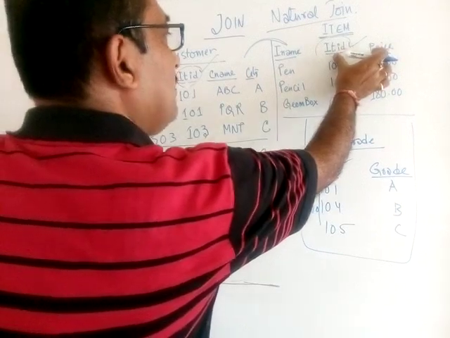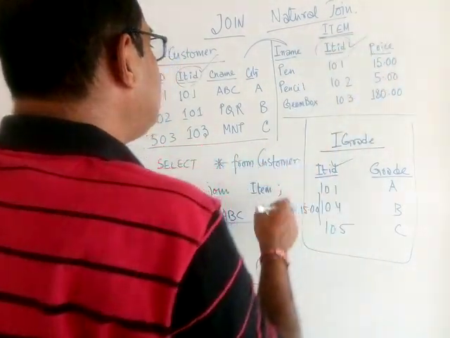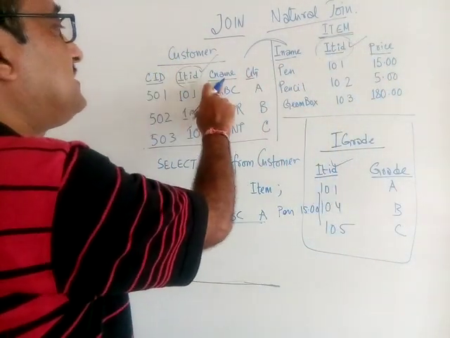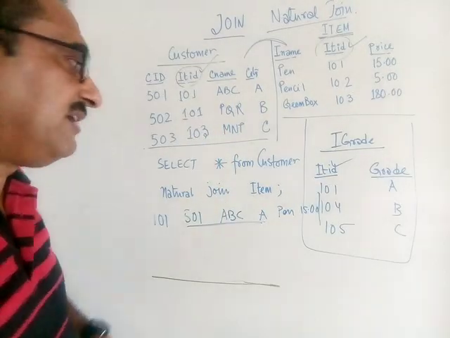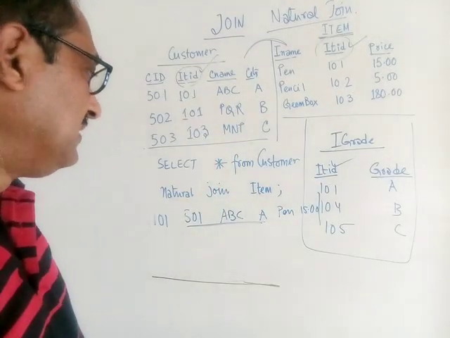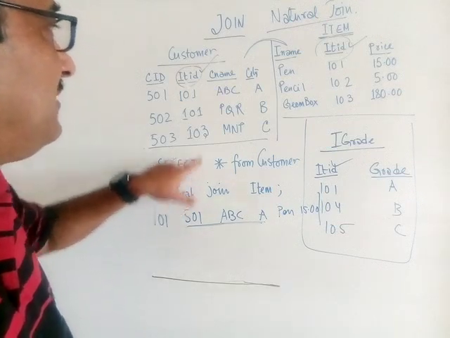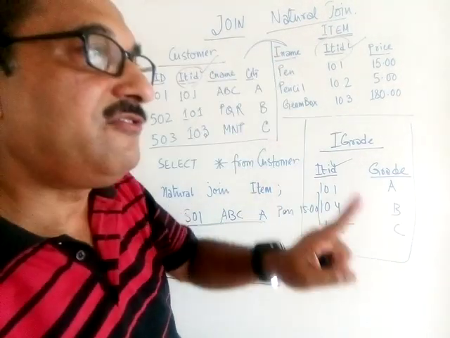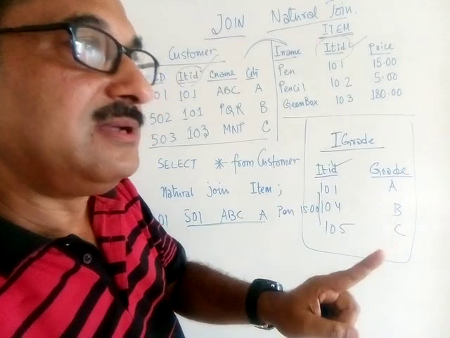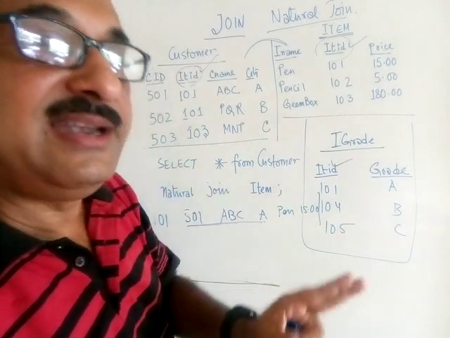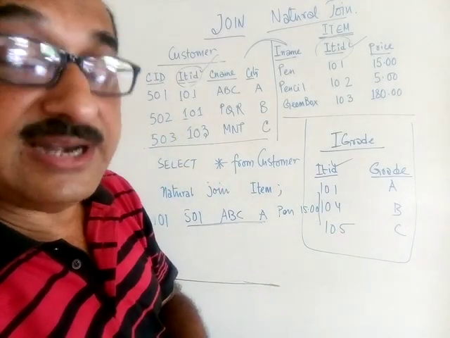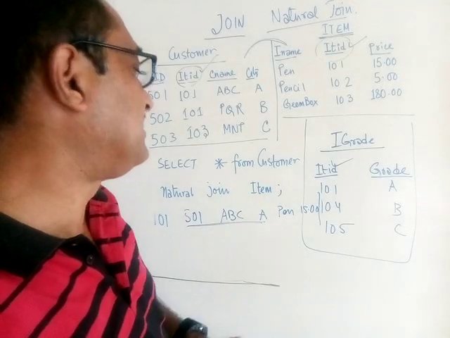After that, these columns would have come, INAME and price, followed by CID, CNAME and city. So we will remember in natural join, there has to be one column which should have an identical name, and they should have the same data type in order to apply natural join.